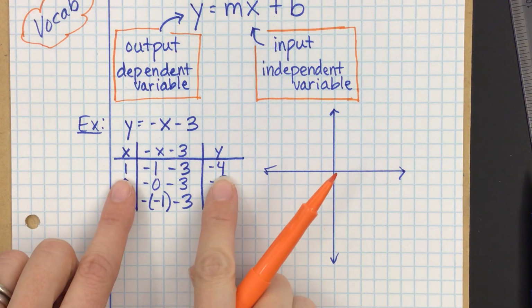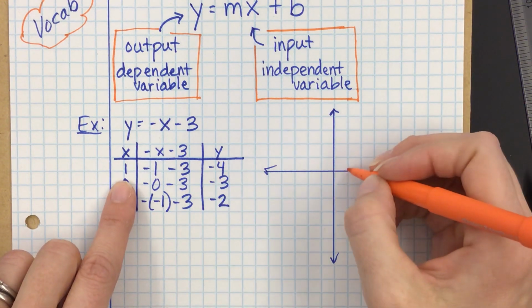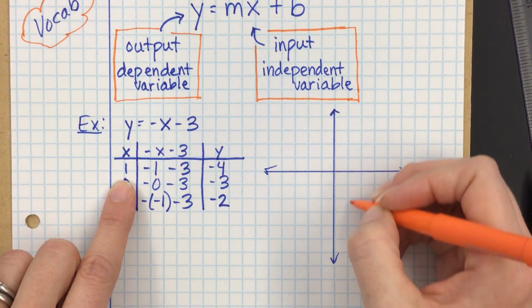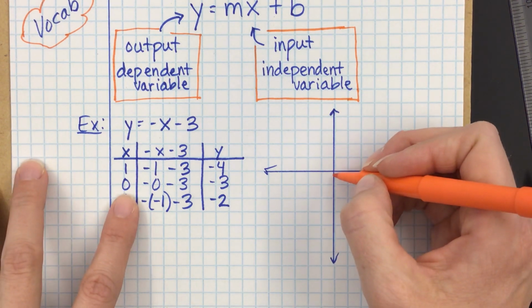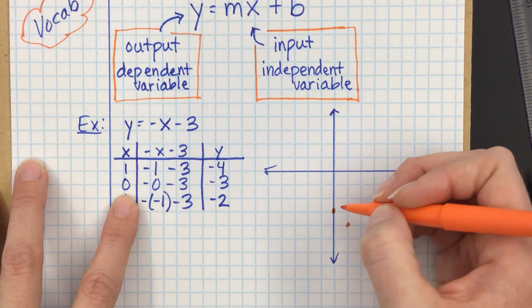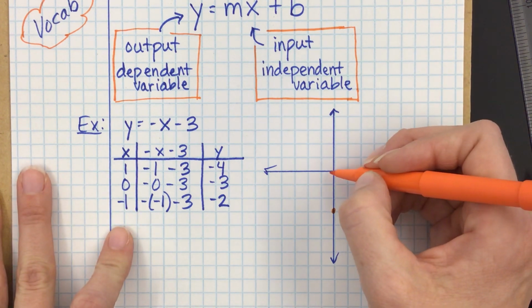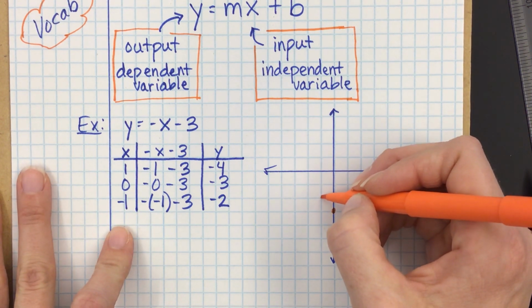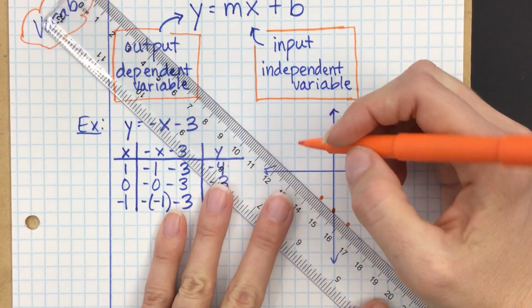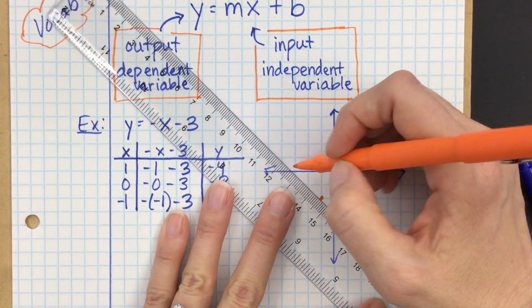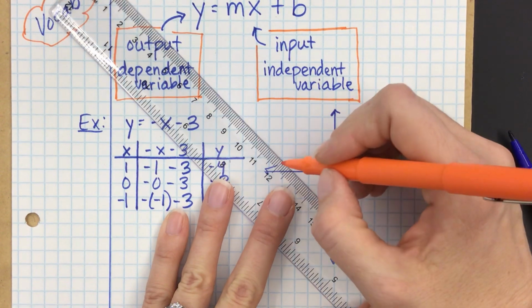So let's see here. This first point is 1, -4. That second point is 0, -3. And that third point is -1, -2. And then I can connect it to make a line.